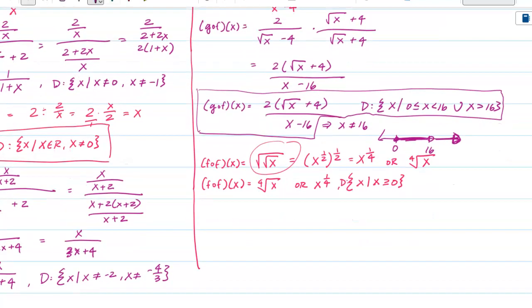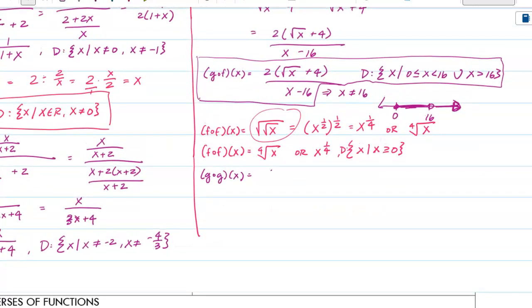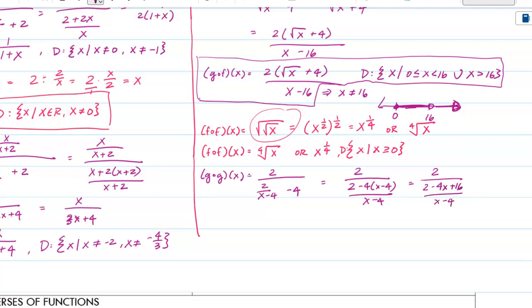Okay. Let's see. So we have a g of x. What was g? Okay, so 2 over x minus 4 minus 4. 2 over 2 minus 4 times x minus 4 over x minus 4. So that is 2 over 2 minus 4x plus 16 over x minus 4.